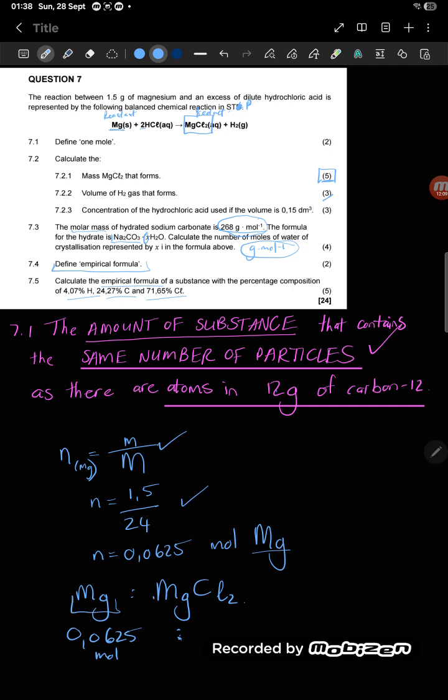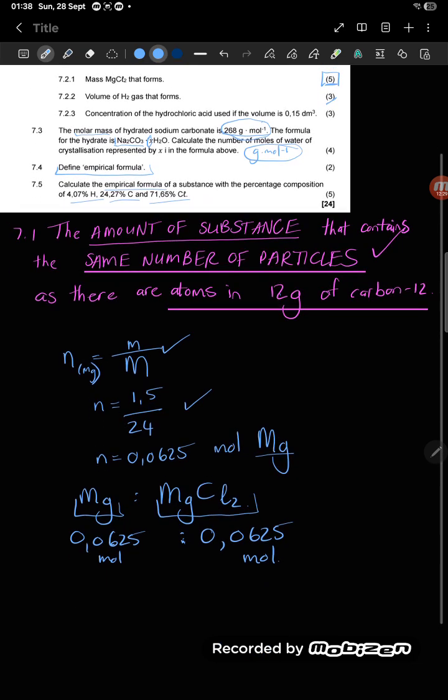Now I've got magnesium and chloride, and if it's 1:1, it is balanced at 0.0625 moles of whatever this is, and that's okay. I'm sure it's right. So I've got this to this because I got 1:1. You see, I got one coefficient 1:1. Yeah, that works. So 1:1, which means I've got this many moles of this many moles of MgCl2.